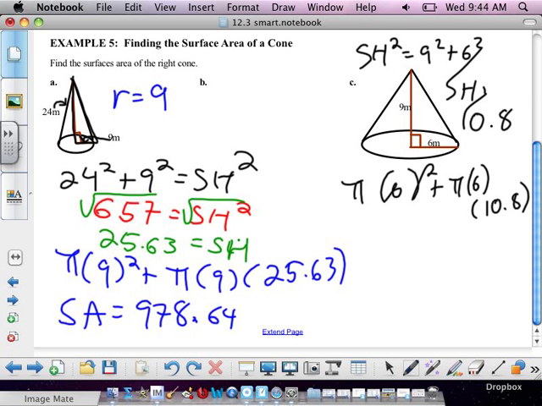That gives us 316.512 meters squared. Okay, so for surface area, use that Pythagorean theorem for slant height, and then just these formulas for surface area. Okay, and I'm going to read to you.